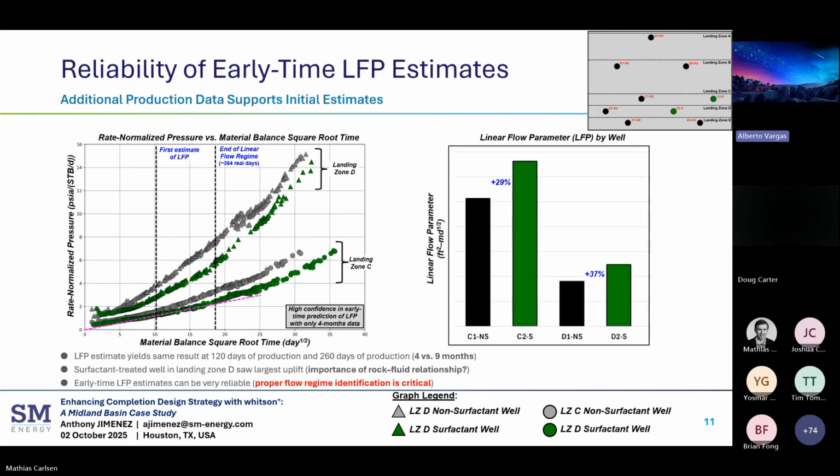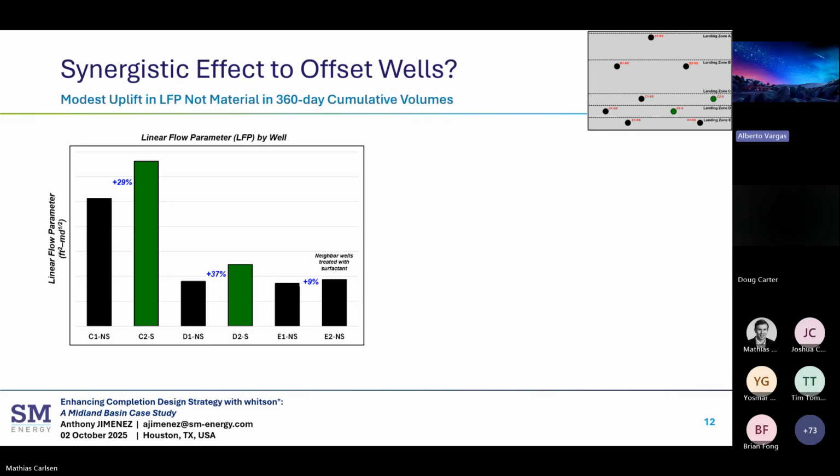And then finally, just driving home the point here that that early time linear flow parameter estimate can be meaningful and it can be reliable, but you must go to the diagnostic plot. You must do your flow regime analysis before you just start fitting lines through here. And if you can do that and you do it repeatably, we have some pretty good reliability in these early linear flow parameter estimates.